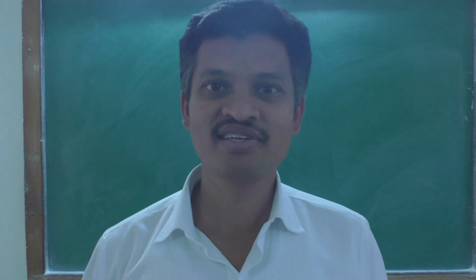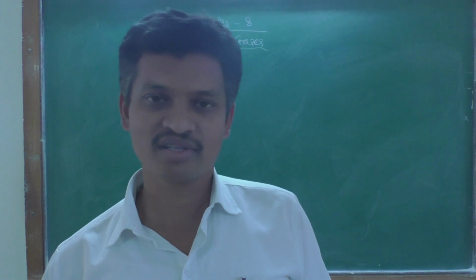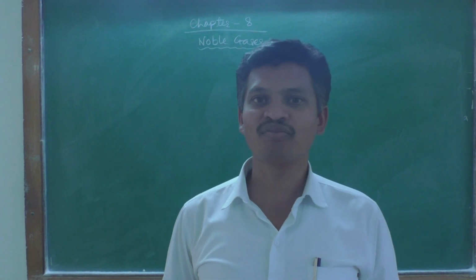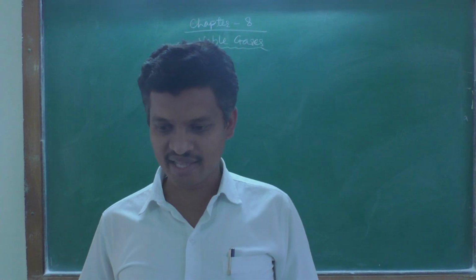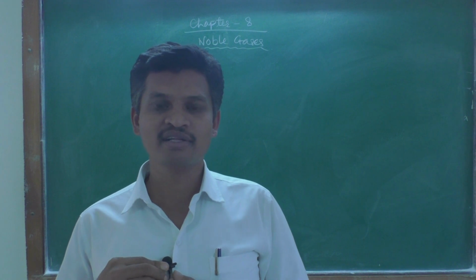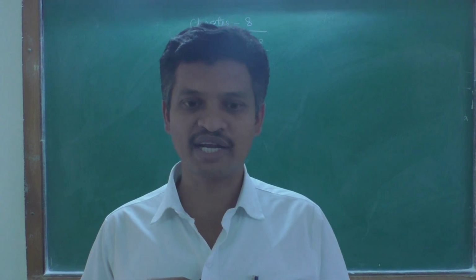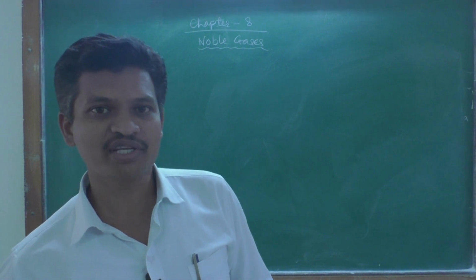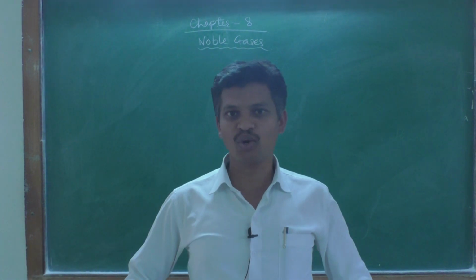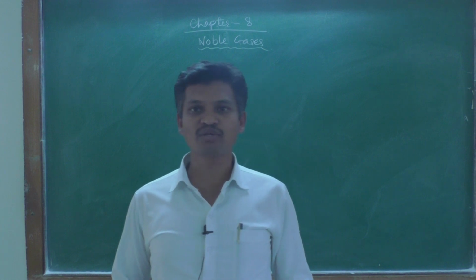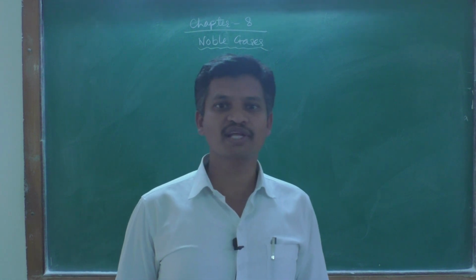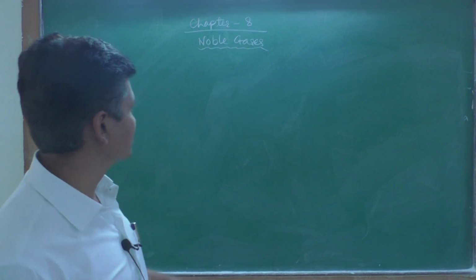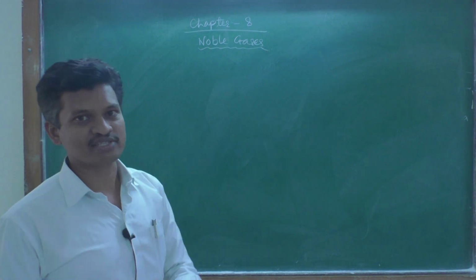Dear students, we have started the study of main group elements, and in that we have already completed the last group, that is halogens. Today our topic is noble gases. We are going to start a new lesson, a new chapter, and the title is noble gases.